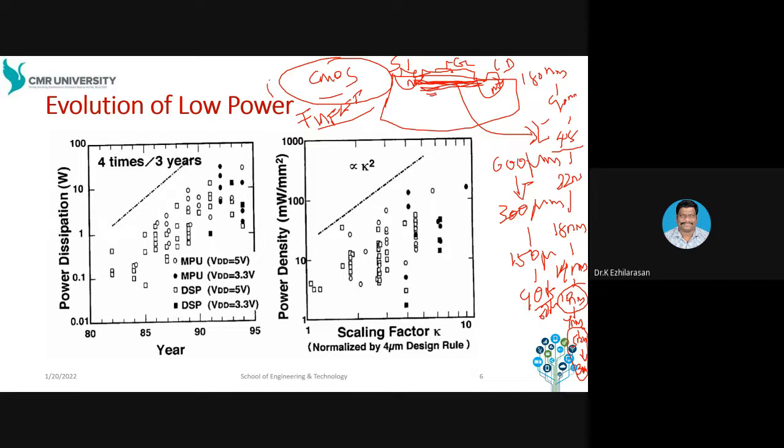Presently the gate all around has come now, and that work is still going on. It is not released yet. They are planning to release by the end of this year. Intel, yes, and a few others are testing as well. Just the wafer is released, but the product is not released. It's under testing.